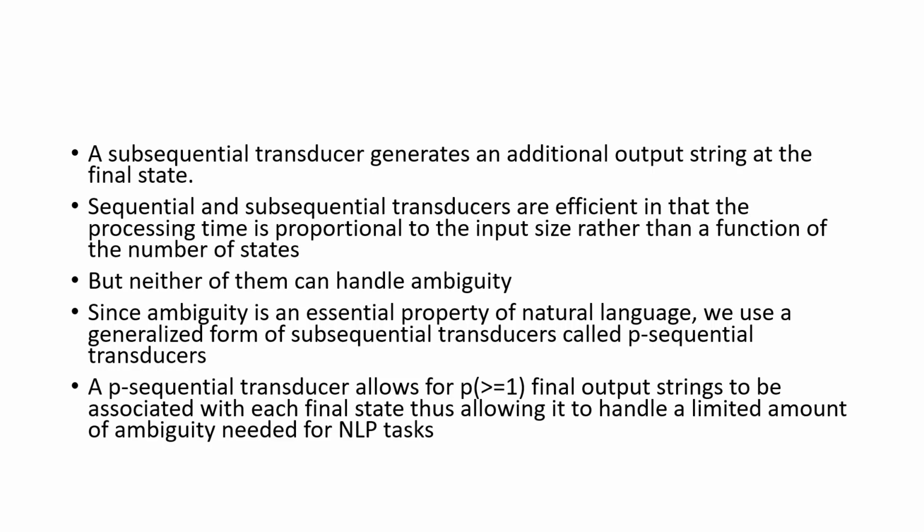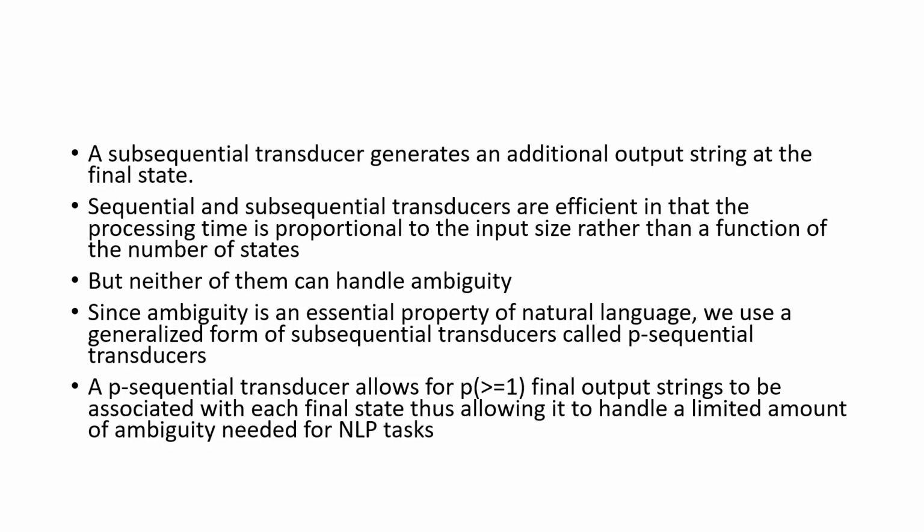being efficient. Okay. So since ambiguity is an essential property of natural language, we use a generalized form of subsequential transducers called p-sequential transducers, which is what we are going to work with. Okay, so what is a p-sequential transducer? It allows for p, a value greater than or equal to 1, final output strings to be associated with each final state, thus allowing it to handle a limited amount of ambiguity needed for NLP tasks.